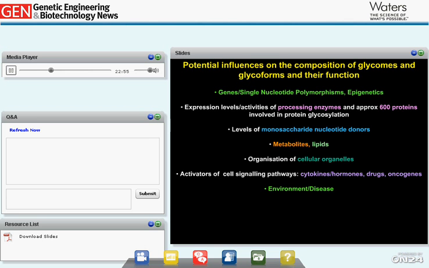If they become mixed up, as they often do in cancer, then you get huge changes in glycosylation. There are many things that activate cell signaling pathways, like cytokines, drugs, and oncogenes. And, of course, the environment in bioprocessing and in people, the effects of disease, also have readouts in terms of glycosylation.